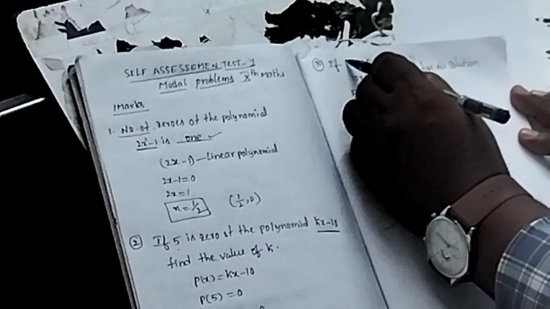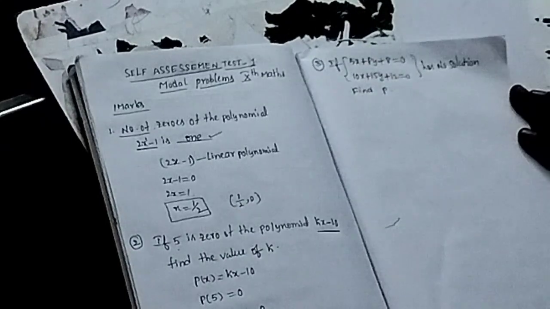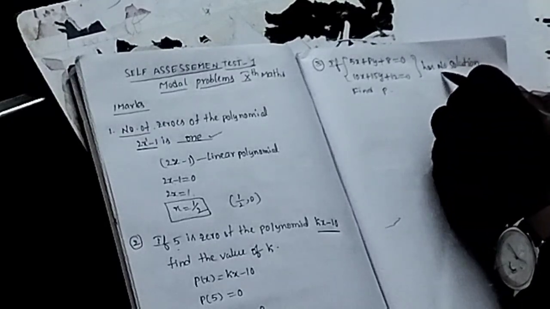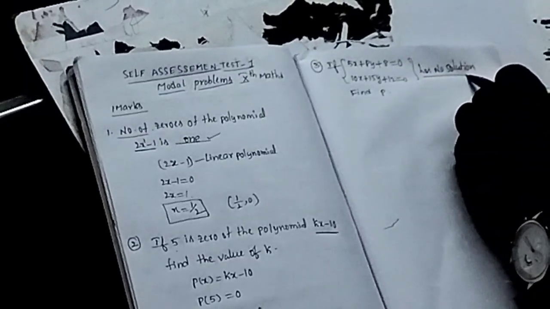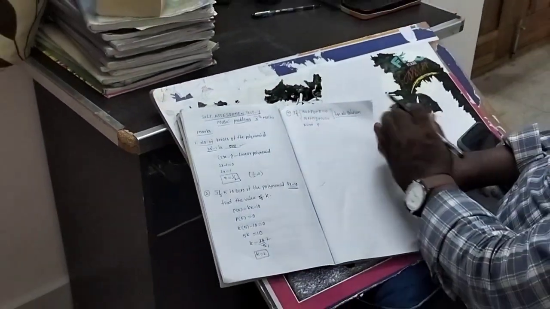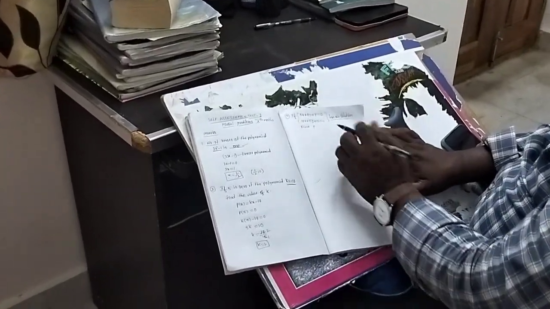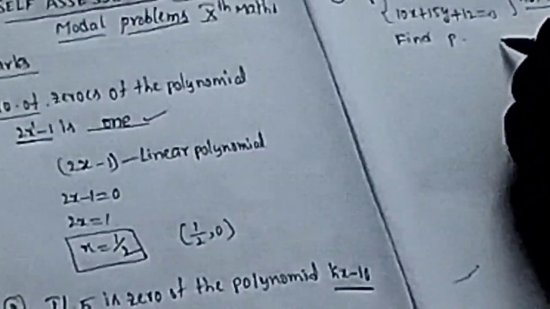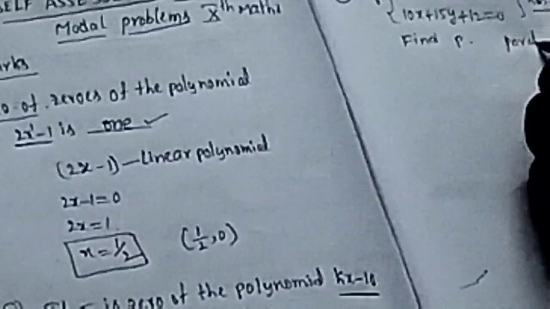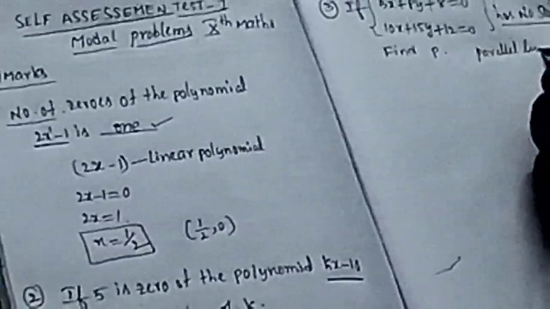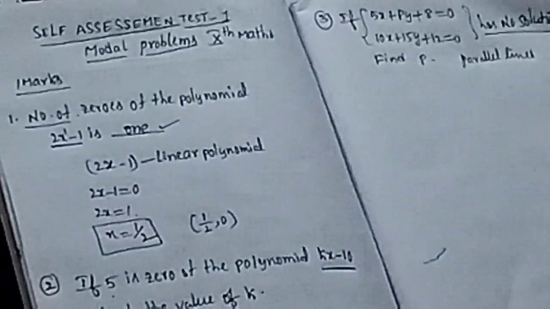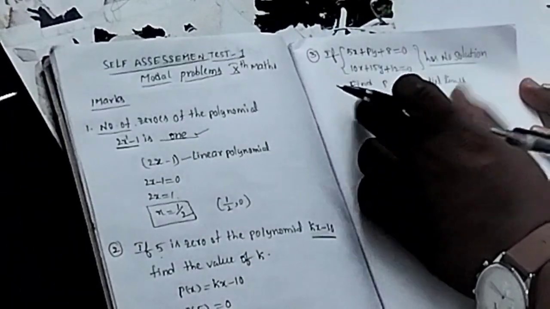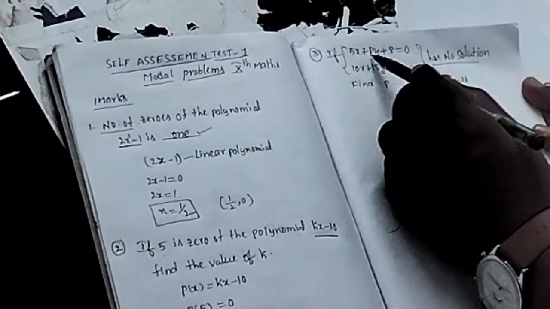The pair of linear equations in two variables has no solutions. No solutions means these lines are parallel lines, inconsistent lines.